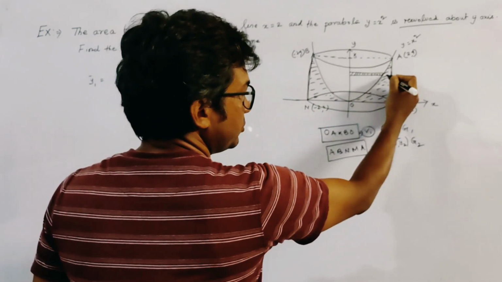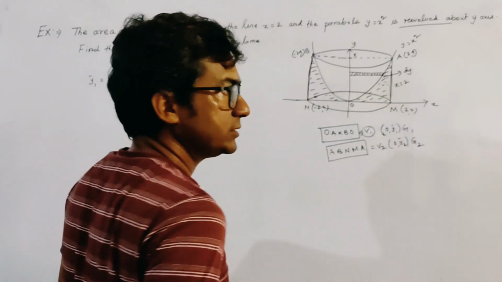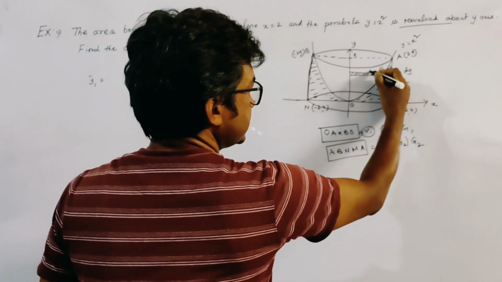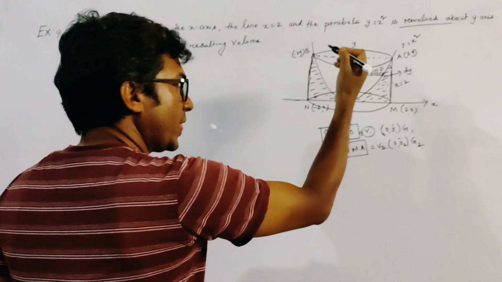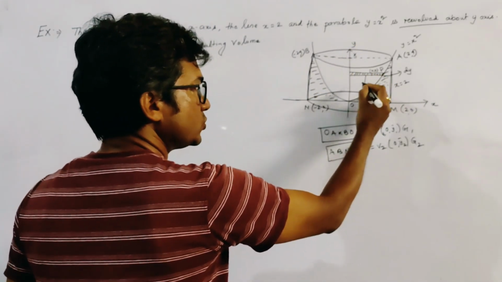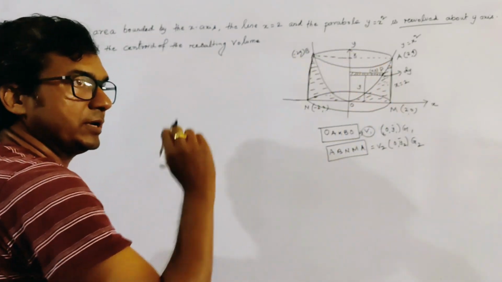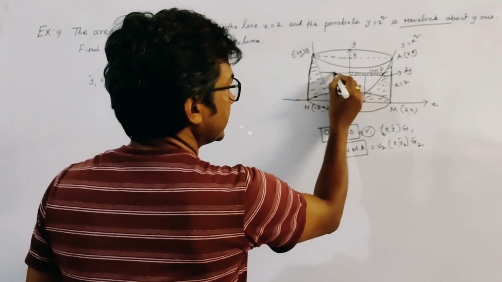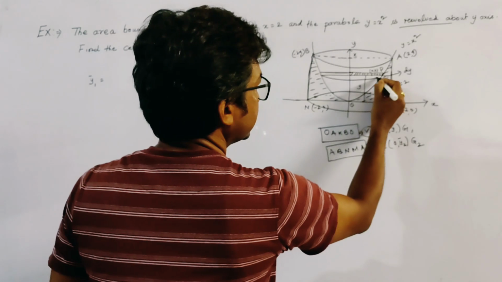Clearly this strip is of breadth dy, and if we take this point P as (x, y), the distance of this strip from the x-axis is y. If this strip revolves about the y-axis, then we get a circular region like this.